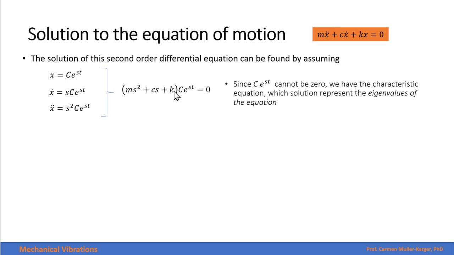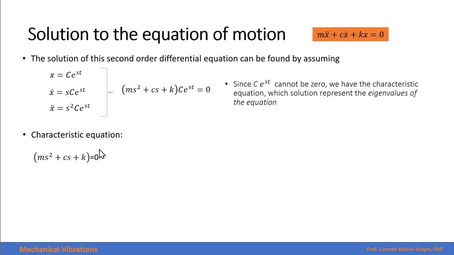Since C is not 0 and e to the st cannot be 0 either, we have to make this other term equal to 0. So this represents an eigenvalue problem of the equation. We will solve this quadratic equation for s to get the solution of our differential equation.